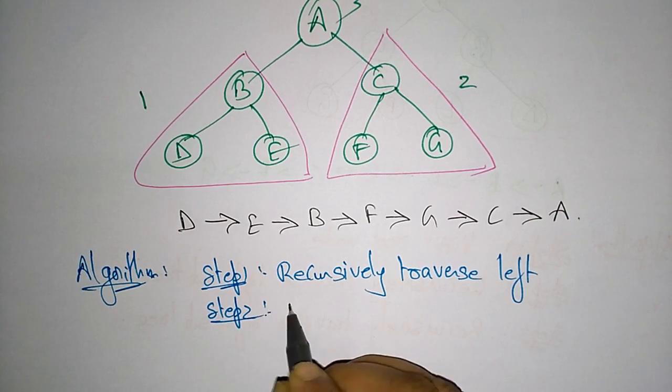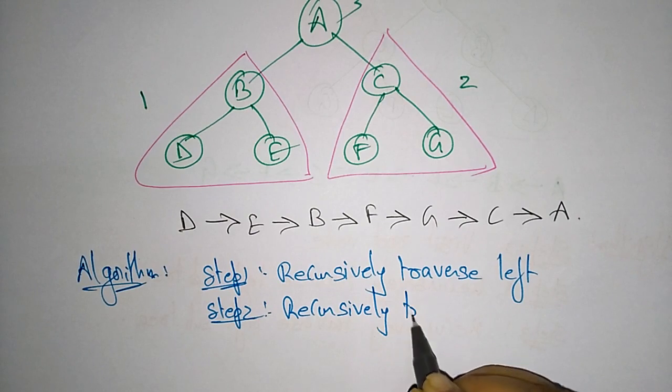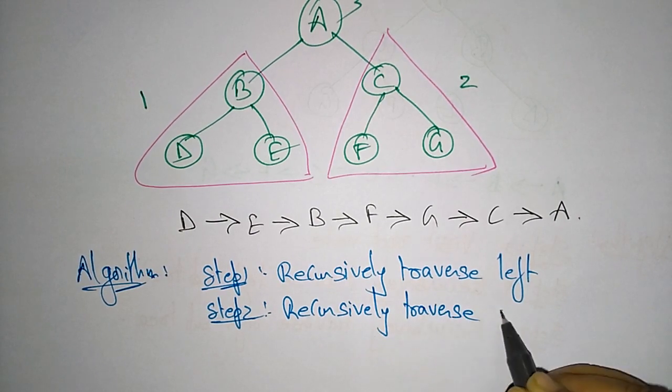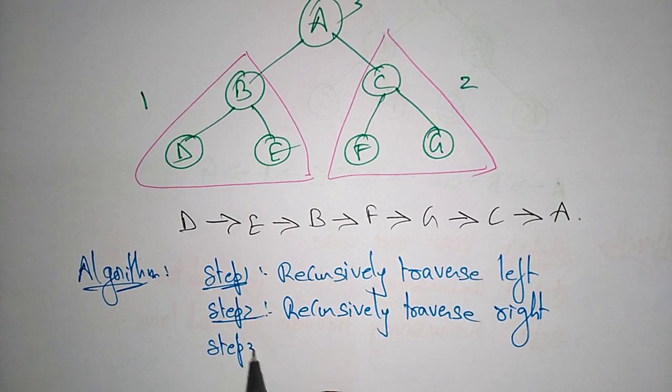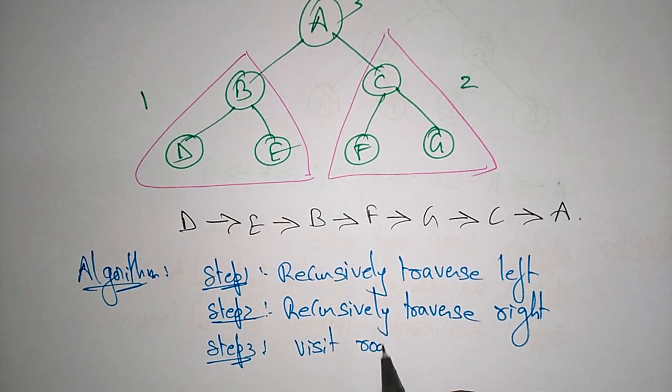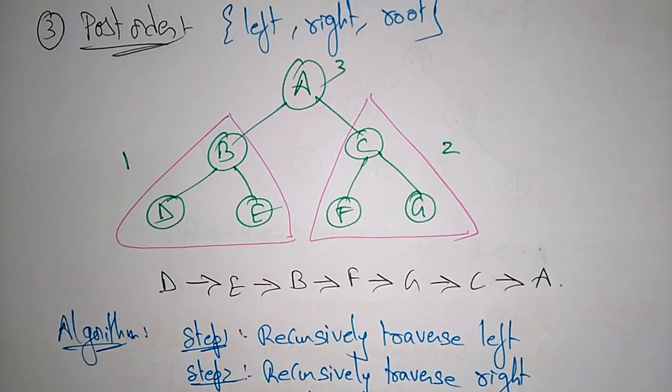Step 2, recursively traverse right. And step 3, visit the root node finally. So this is Postorder. Okay, so these are the three traversal strategies: Preorder, Inorder and Postorder. Thank you.